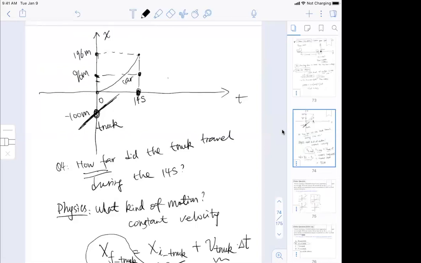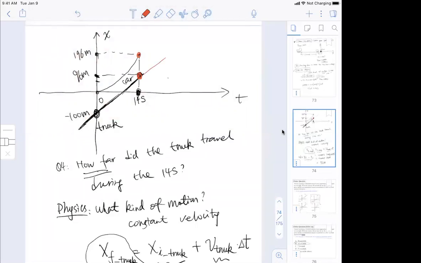So I'm going to continue to draw my line. This is my truck. Okay, right here. At this time, the car is here, the truck is here. After this time, the truck will continue to be a straight line, and the car will become a straight line too.